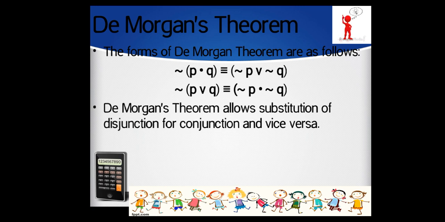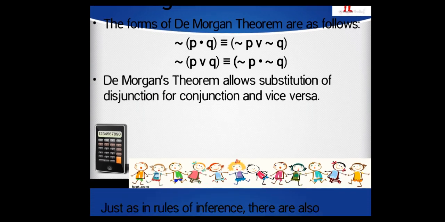The first form allows the replacement of a negated conjunction by a disjunction in which the quality is changed from positive to negative. The second form allows the replacement of a negated disjunction by a conjunction in which the quality is changed from positive to negative. Of course, since these propositions are equivalent, the replacement can be carried out in the opposite direction.